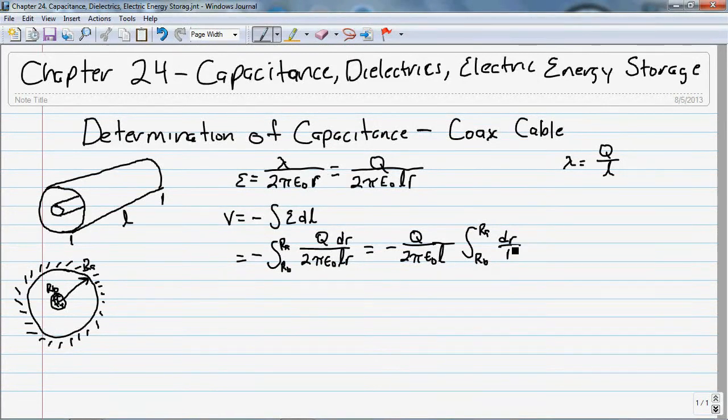And dr over r is just the logarithmic function. And now I can put my limits in.